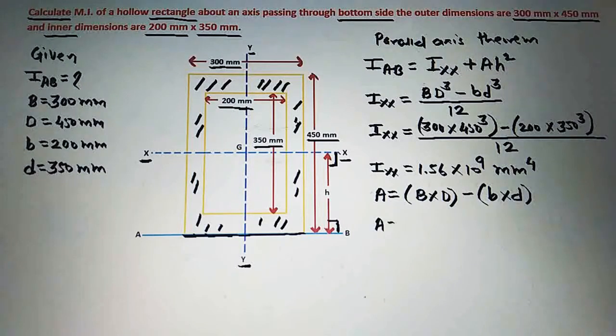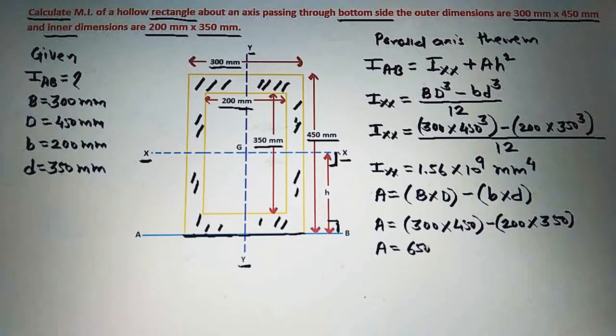If we put values of capital B, capital D, small b and small d here, then we can write capital B is 300 into capital D 450 minus small b 200 into small d 350, and if we calculate this, then we can write the answer for area of this hollow rectangular section is 65,000, and the unit will be mm square here.